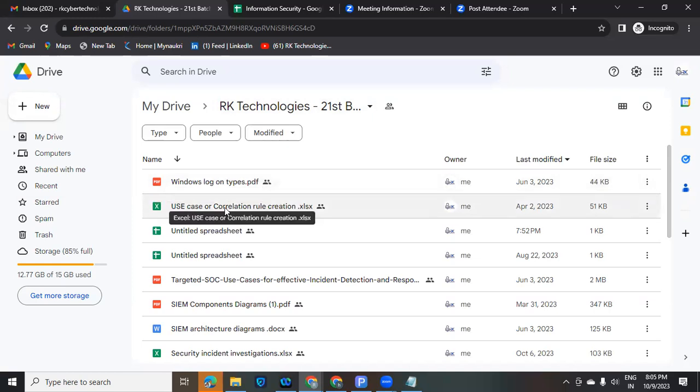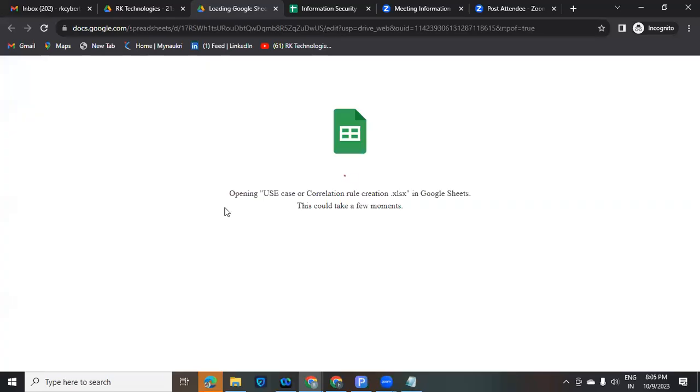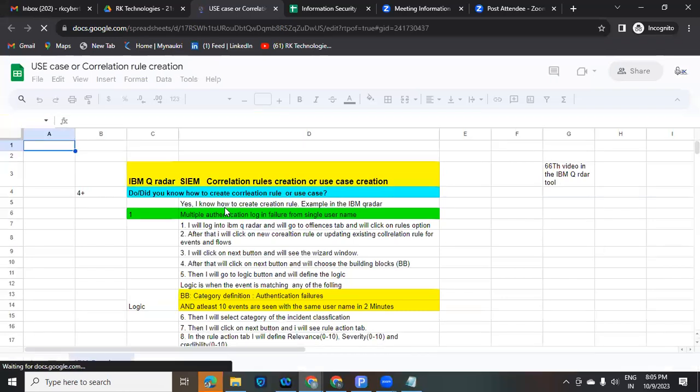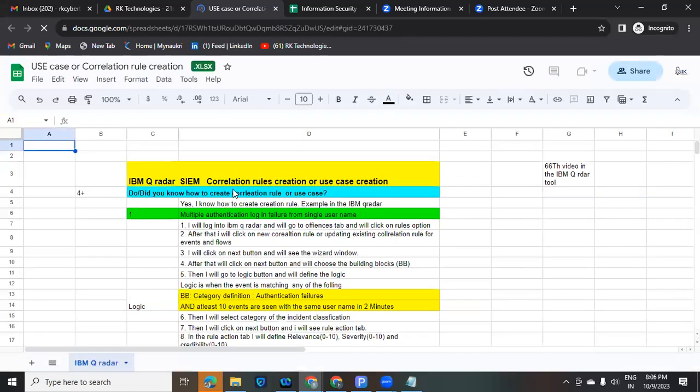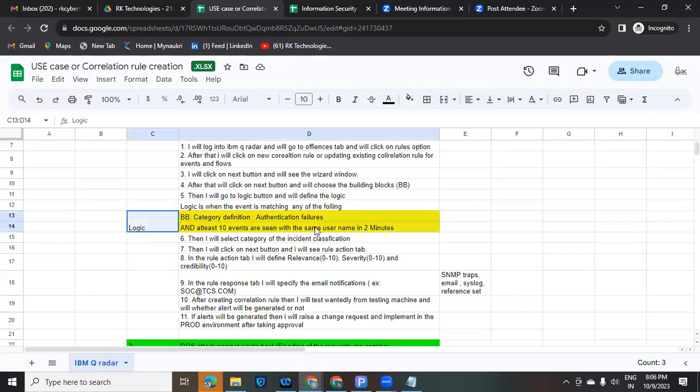The second one is use case or correlation rule creation. This is what I was explaining yesterday. I think I created approximately 4 to 5 correlation rules. So you can prepare one correlation rule, and at the time of the interview, you can open this particular Excel sheet and read it. This logic is very, very important.